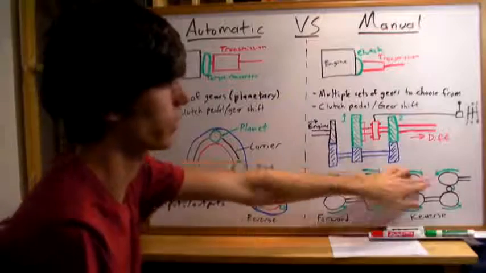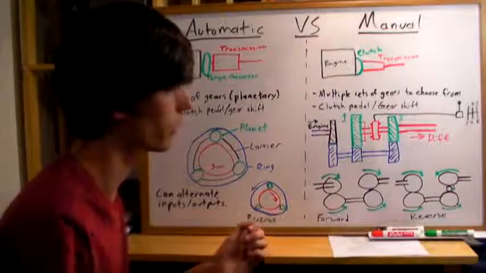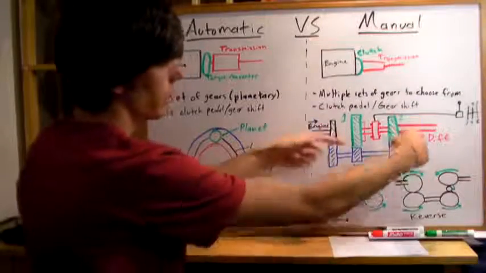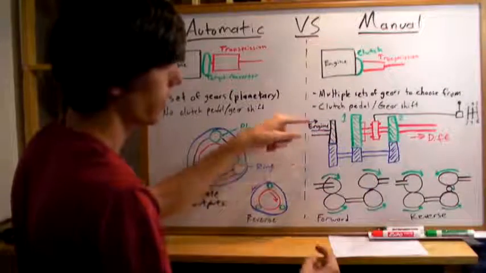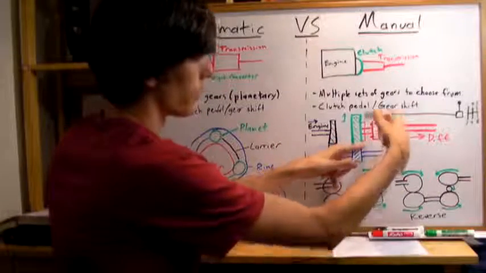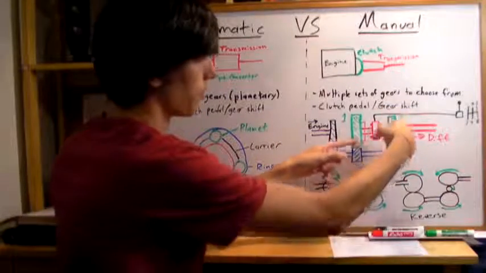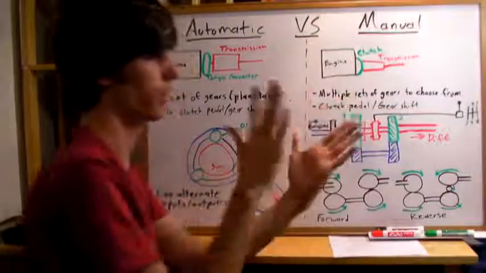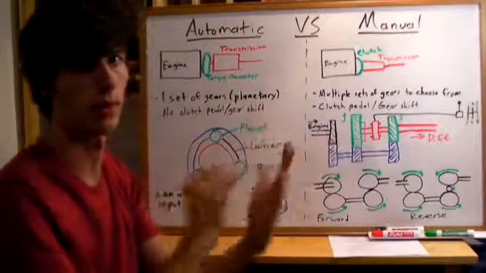Now, if you ever try to put your car into reverse while you're moving forwards, you're not going to be able to, because you have to remember that these are always going to be rotating in the direction of the engine. So if you're moving forward and this is moving in a forward direction, and then your reverse shaft is going to be going the opposite direction, it's going to clash. No matter what, you're not going to be able to get those in.